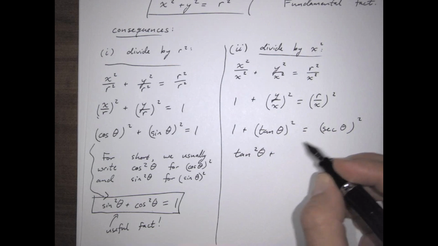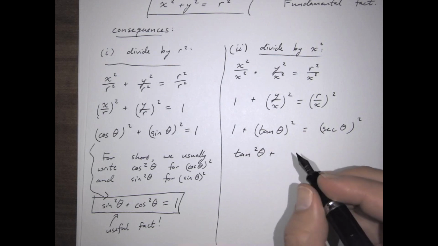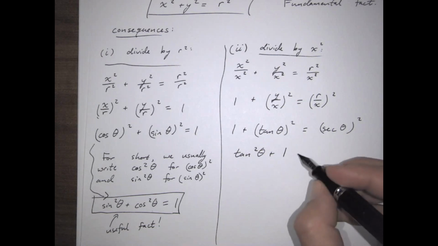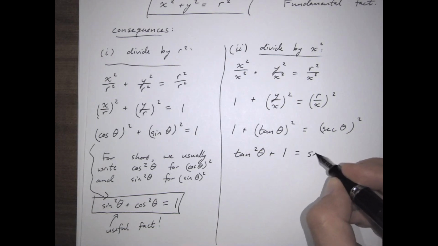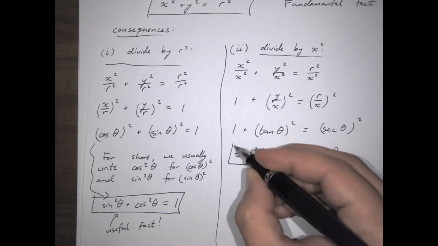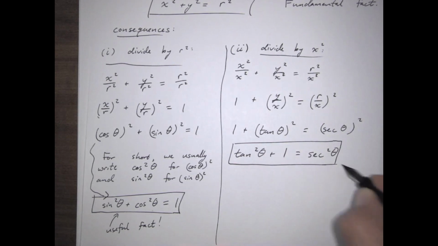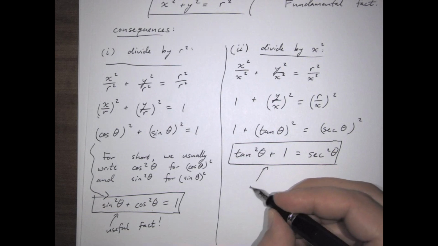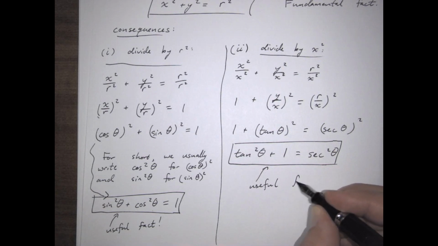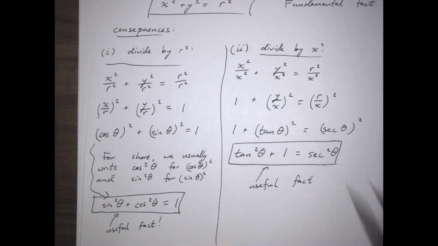So the way we would typically rewrite it is tan squared instead of tangent of theta squared. We typically write it as plus 1 in this order equals secant squared theta. Another useful fact. And this is just written in the way that you're most likely to see it out in the world.